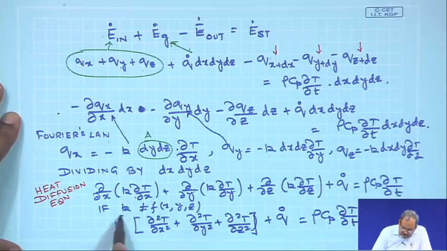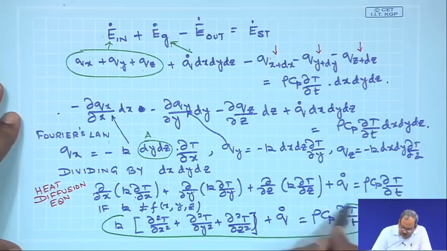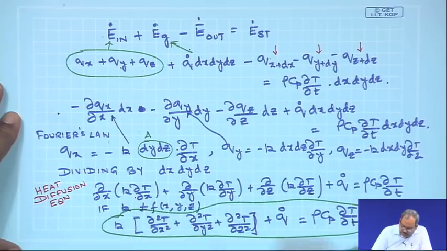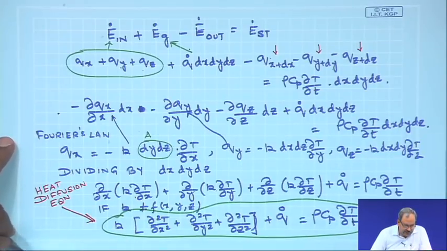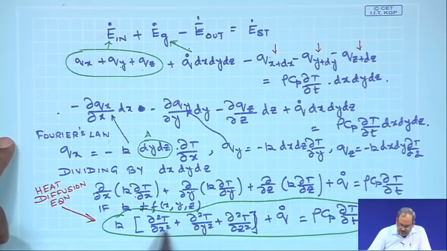So, this is probably the more common form of heat diffusion equation that you would encounter. This simply says that it is an isotropic medium, and therefore, you do not have any variation of k with either x, y and z.